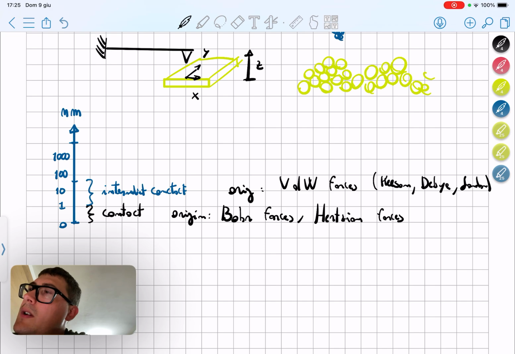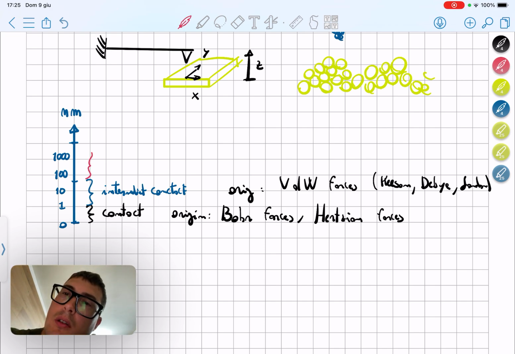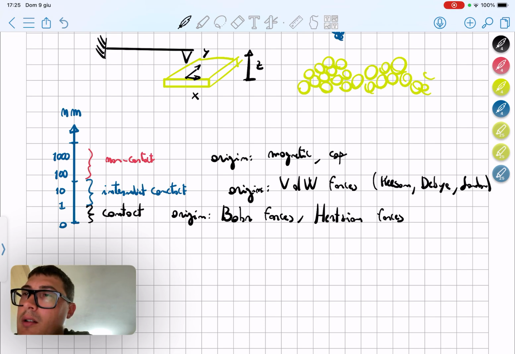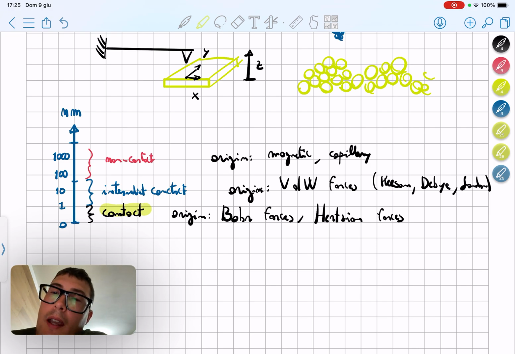And in the last range, which goes from approximately 50 nanometers and beyond, we have non-contact, in which the origin of the forces is magnetic or capillary in nature. Okay, so let's start describing the first one, the contact mode.